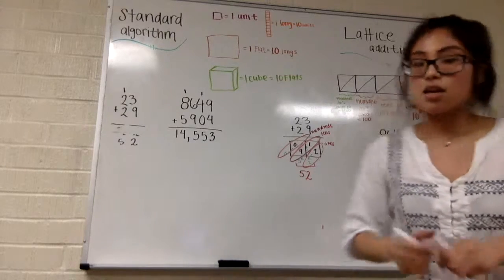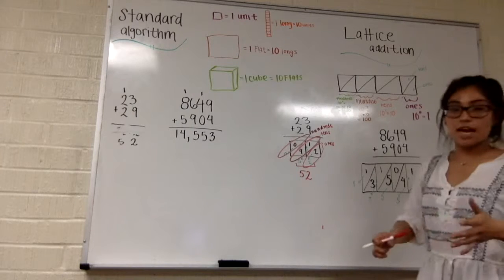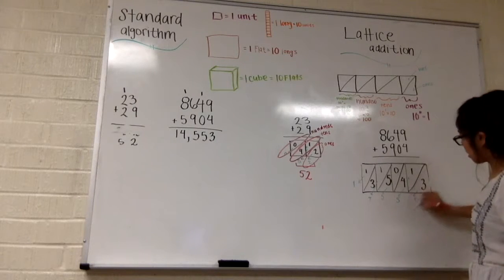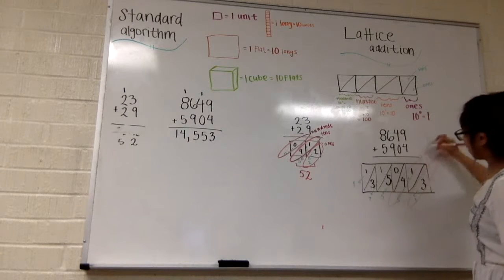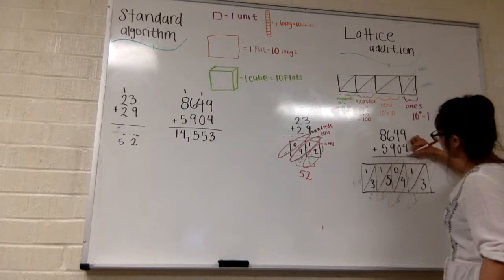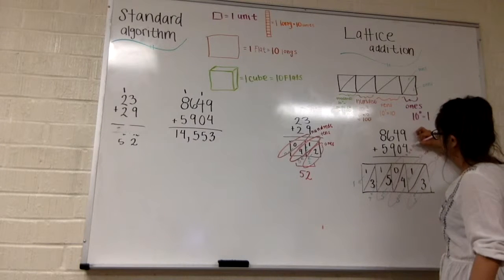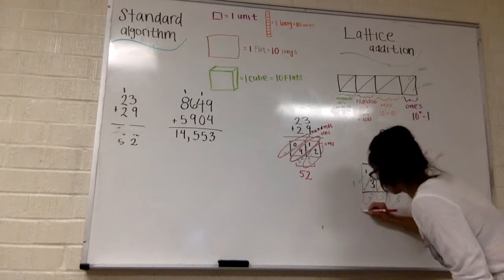And once again, we can see that with lattice, we're able to show the child that they can automatically see that here we have the ones place. Here we have the tens place. Here we have the hundreds. Here we have the thousands.